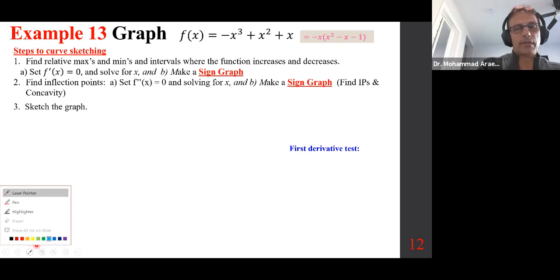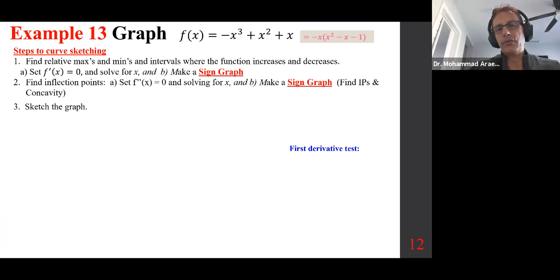Remember, the quadratic formula: if ax squared plus bx plus c is 0, x is minus b plus or minus the square root of b squared minus 4ac over 2a.